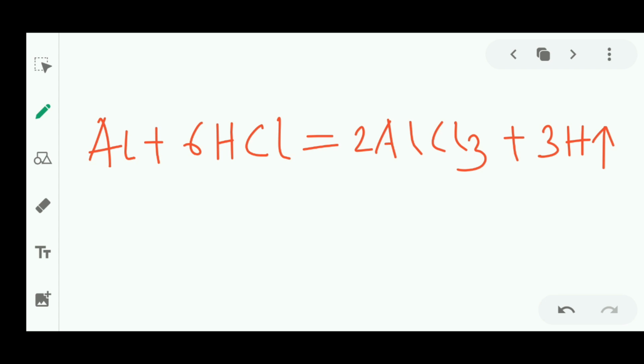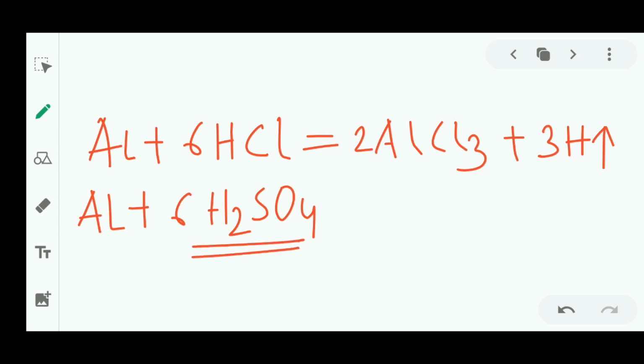And when aluminium reacts with hot concentrated sulfuric acid, H2SO4, it oxidizes aluminium to aluminium sulfate, and sulfur dioxide and steam are produced. Hot and concentrated sulfuric acid is a highly oxidizing agent.